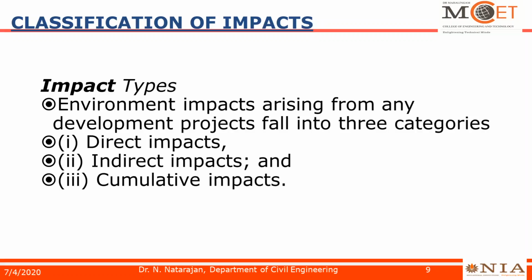For example, people inhale smoke released from a chemical industry, and when they inhale it, they become unconscious and collapse on the floor. That is a direct impact of a project, right?